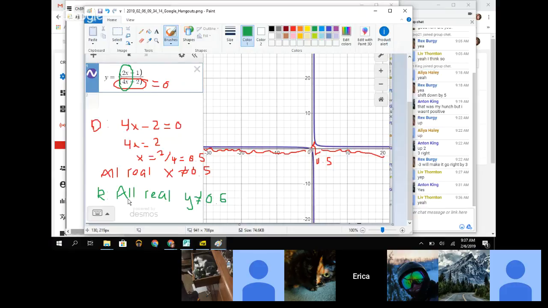Your 2x over your 4x, if you look at those values and strip away the x, that's going to tell you that it can never be 1/2. So I want to show you in the next one what that looks like.